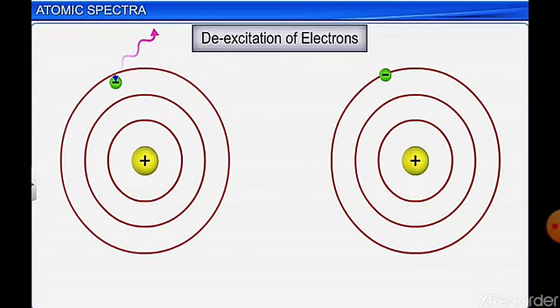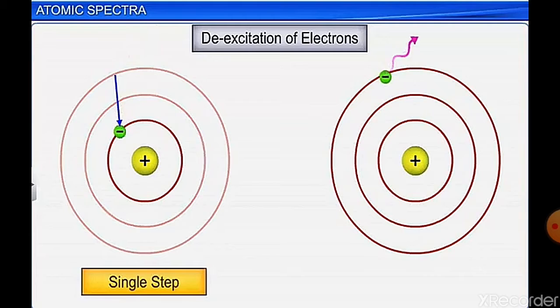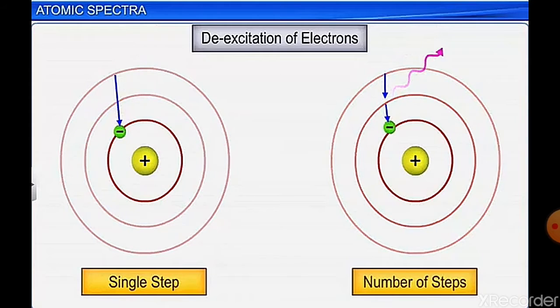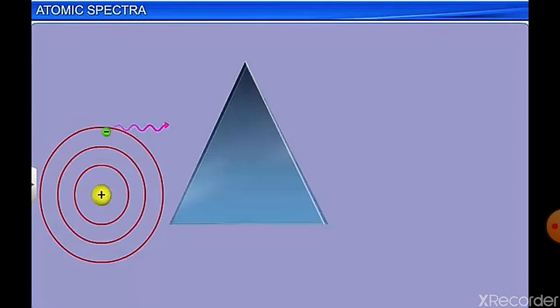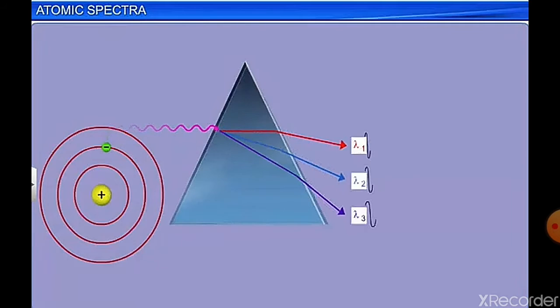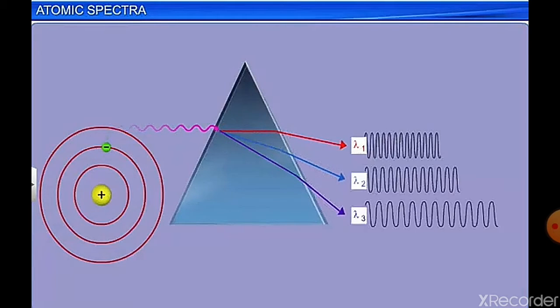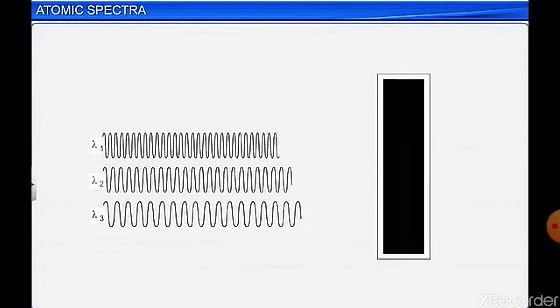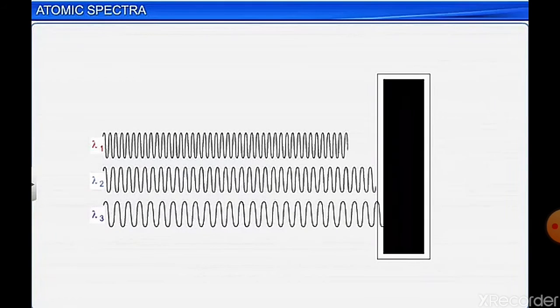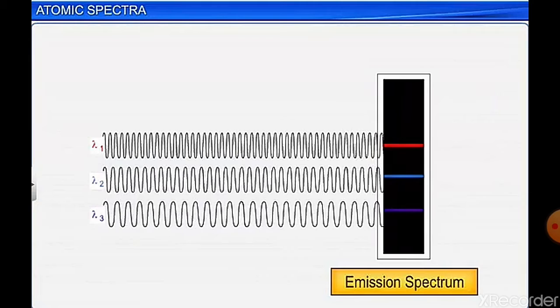If energy is emitted in the form of electromagnetic radiation, it may be emitted in a single step or multiple steps. When it emits electromagnetic radiation, it will have different wavelengths, and this may be developed on a photographic plate, which is called the emission spectrum.